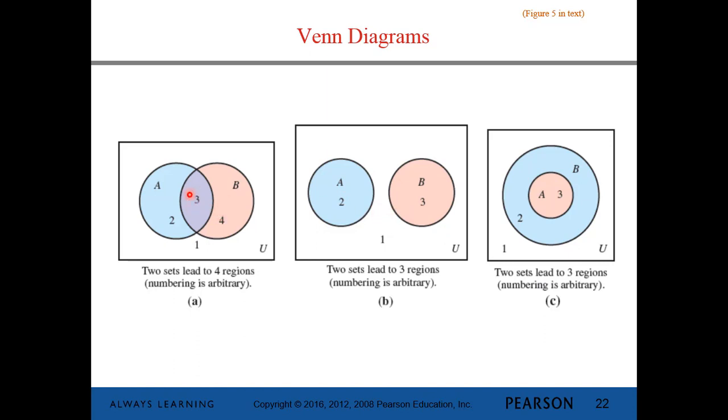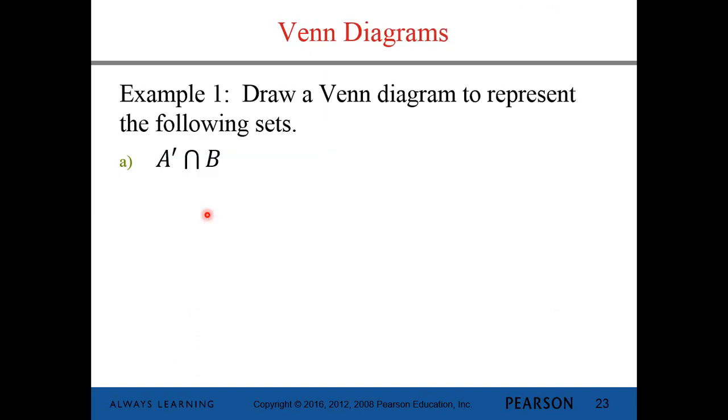If there's overlap, we end up with another region, the intersection here. And if we have this set, then we still have 3 regions. We have the concentric circles, if you will, and the universal set. So again, depending on how the circles are oriented, will give us a certain number of regions.